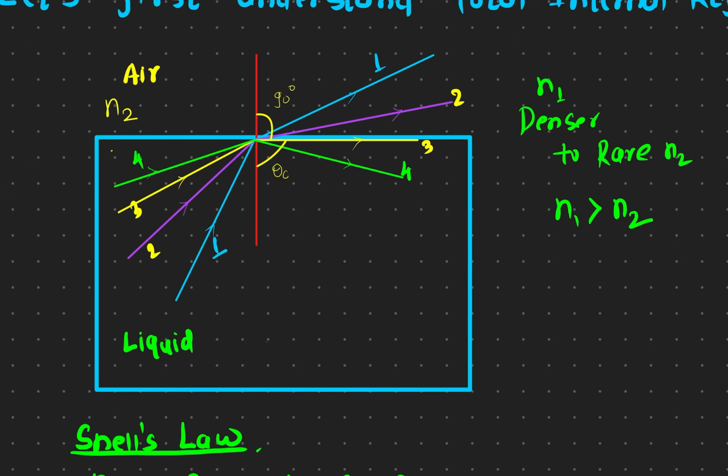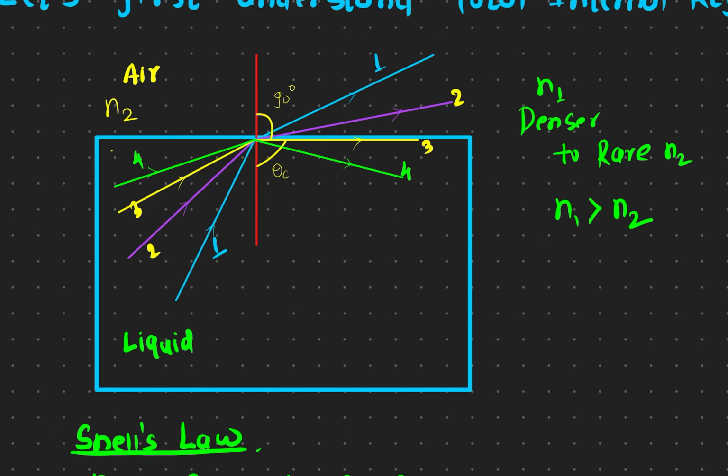So if I keep increasing the angle of incidence, then the angle of refraction, this angle, which is called the angle of refraction, will be more and more. And at one angle, the maximum angle of refraction you may have is 90 degrees.